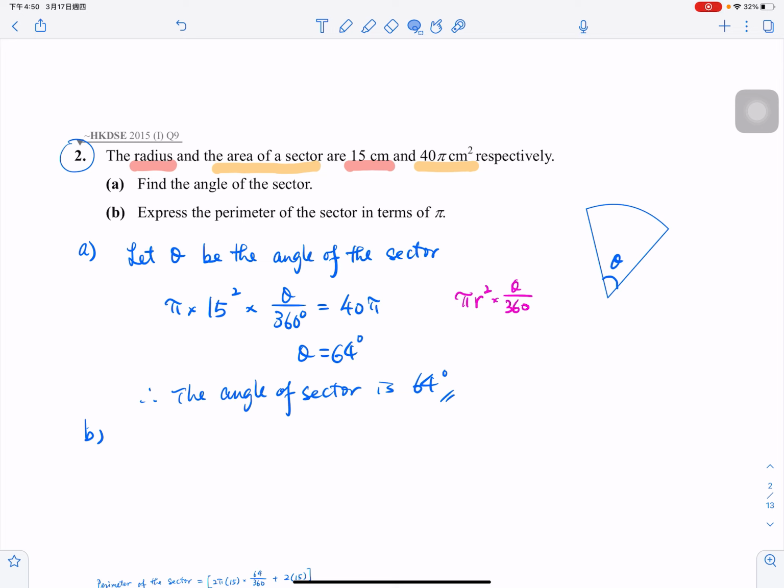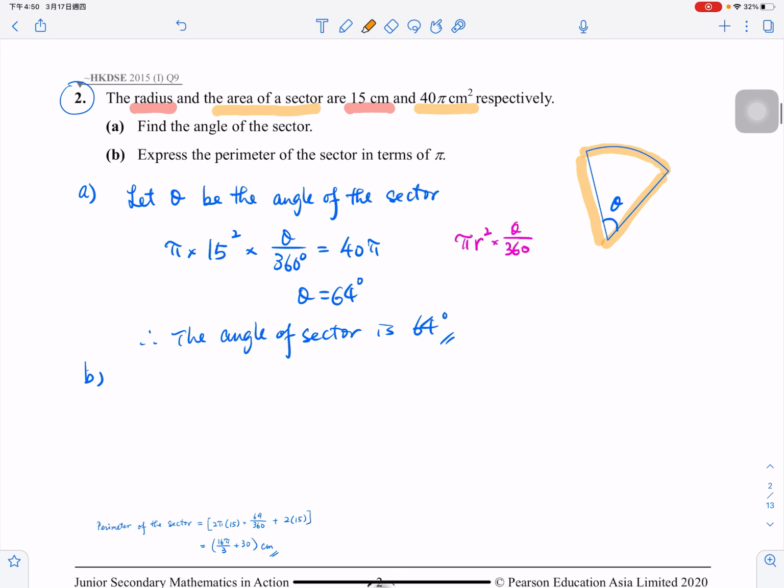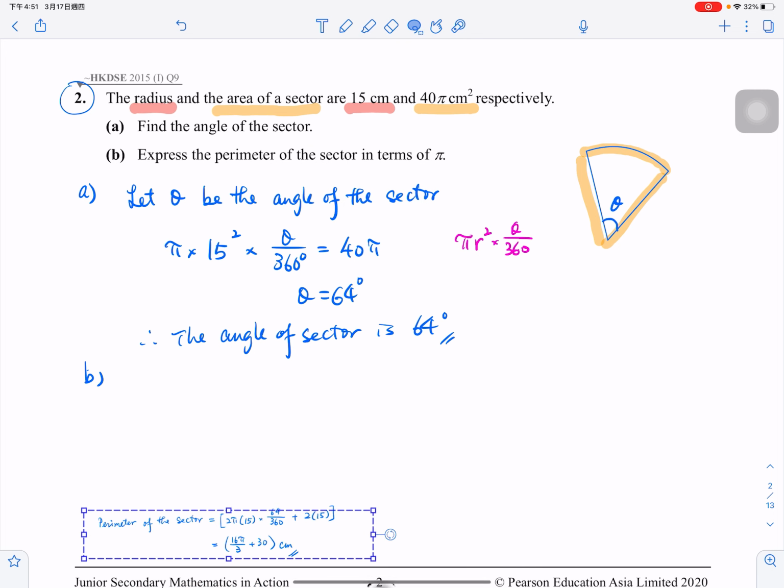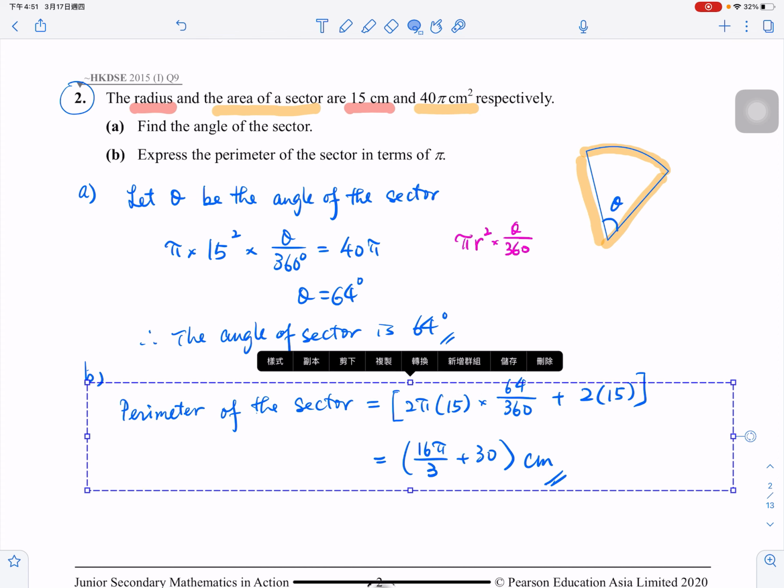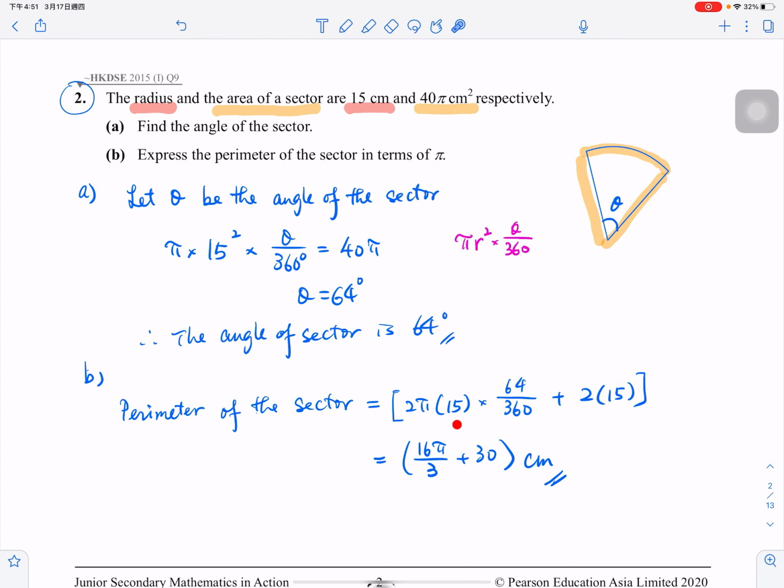Let's have a look. Express the perimeter of the sector. Remember you have the arc length, and you still have two radii. So the perimeter of the sector equals 2 pi r times the angle, 64 degrees over 360 degrees, and the radius is 15.